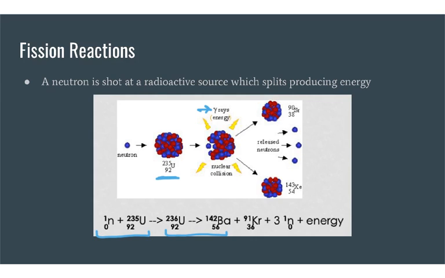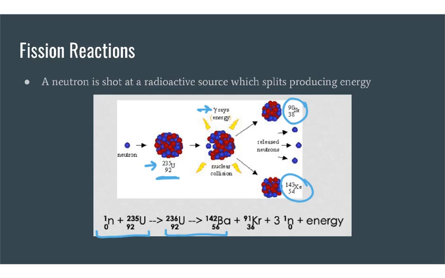So you can see how we're going from 235 as our mass number. So this is a heavy nucleus. Rays are coming in, energy is coming out. And we have 90 as our mass number here and 143 as our mass number here. So we're getting smaller. The energy that's being released can be harvested from a fission reaction.